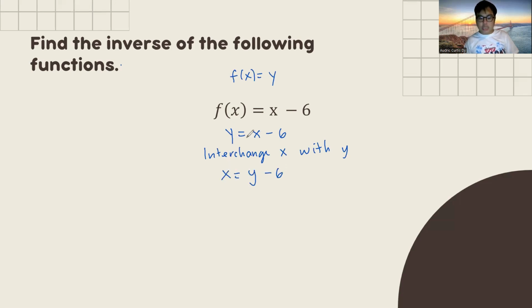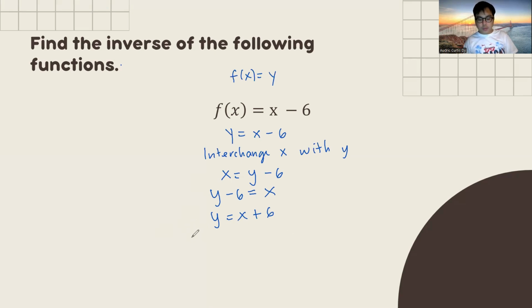So as we see, nag-interchange si x and y. Then using the symmetric property of equality, y minus 6 equals x. So y will always be at the left side and x will always be at the right side. To make the y remain in this side, you're going to transpose minus 6 to the right. So this will become plus 6. So this is the inverse of this function.